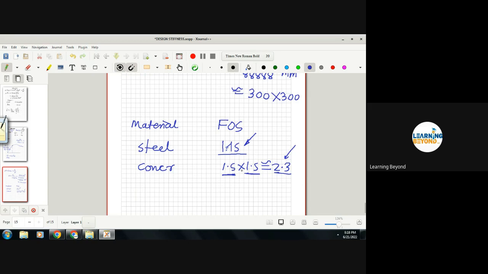So that's why this factor is more for concrete. In general, the factor of safety depends on the quality of material, so whatever material you use for construction or design, the factor of safety changes accordingly.